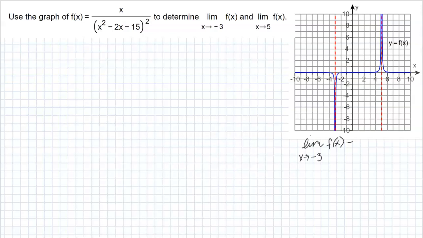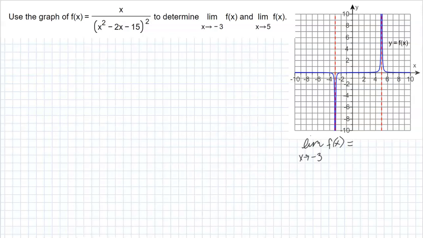Okay, so from the previous video, we would say, hey, we need to look at the function value as it approaches -3 from the left and from the right. They are both going to the same direction.